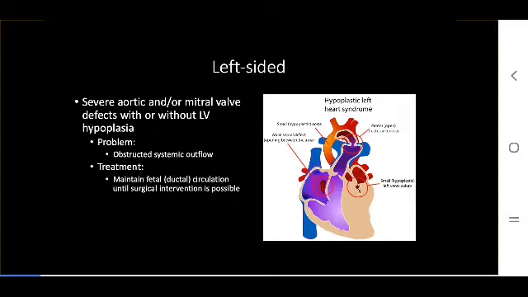The treatment is to maintain fetal, or what we would call ductal, circulation, so that the blood coming out of the right side of the heart can continue to go through the duct and feed not only the descending aorta, but the ascending aorta, including the coronaries, to continue blood flow to the heart itself.